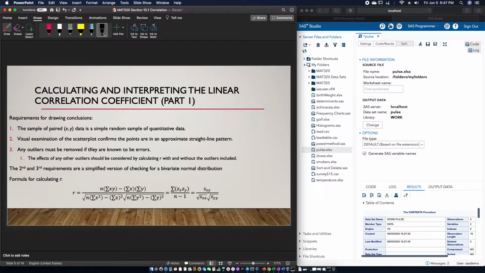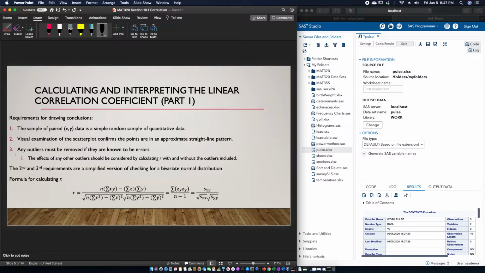Visual examination of the scatter plot confirms that the points are in an approximate straight line pattern, and any outliers must be removed if they are known to be errors. And the effects of any other outliers should be considered by calculating the correlation coefficient with and without the outliers included, to see how much of an impact it actually has, if any.